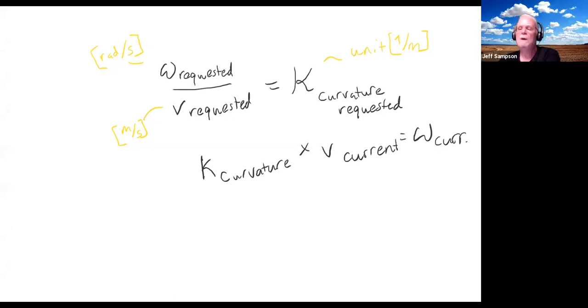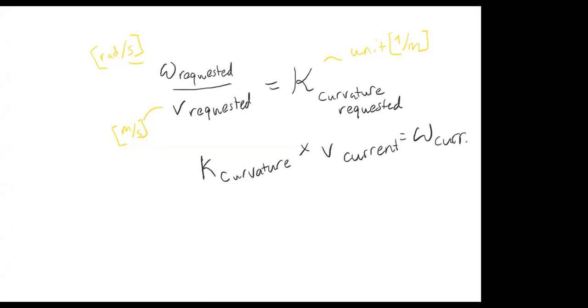So if you're getting a value where your steering is at 0.7 of its travel, and your rate of turn is some value, you divide that by your forward velocity at that moment, and you've got your curvature, and that's the number you want.